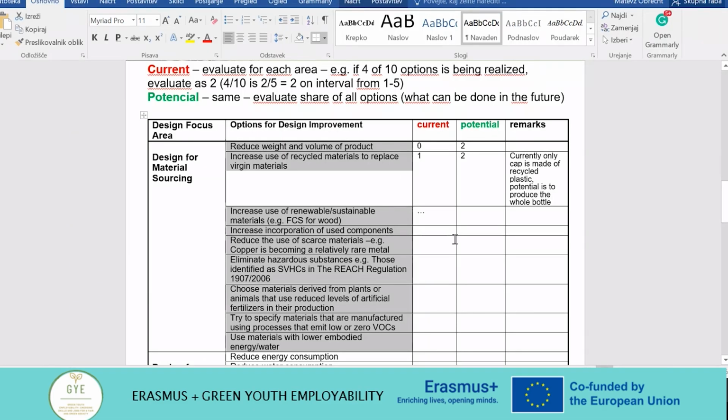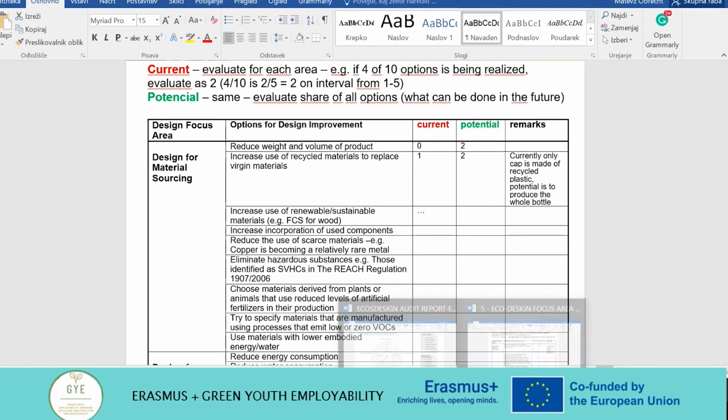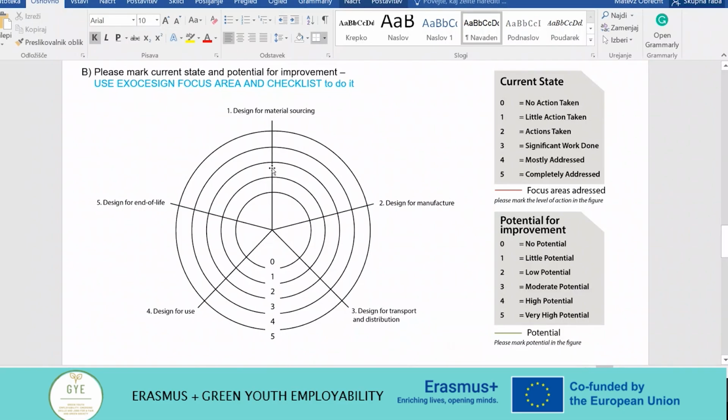As an example, if you have 4 out of 10 options already being realized, you can evaluate this with number 2 on the spider diagram.